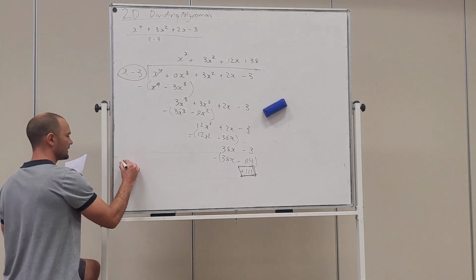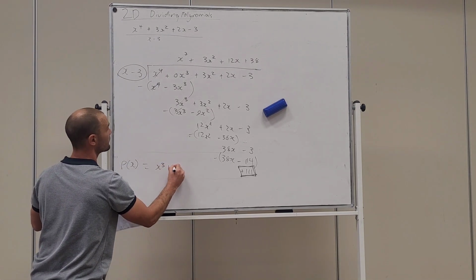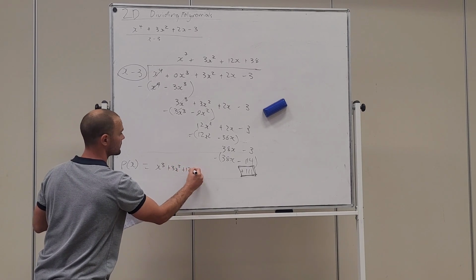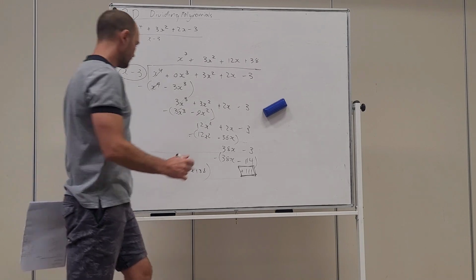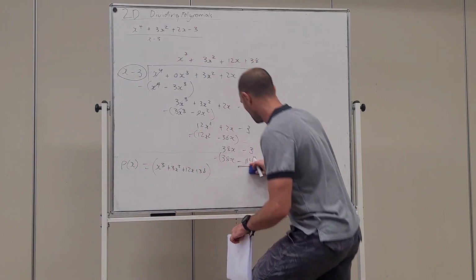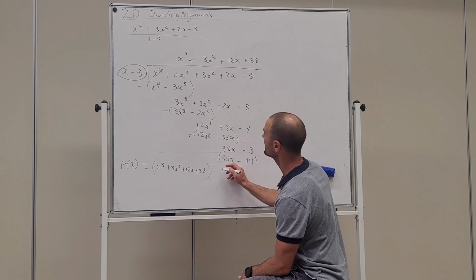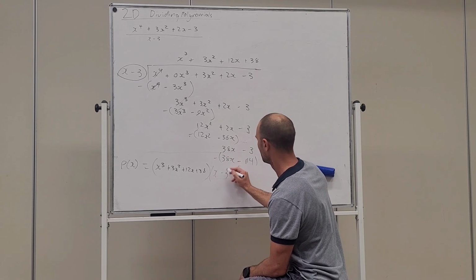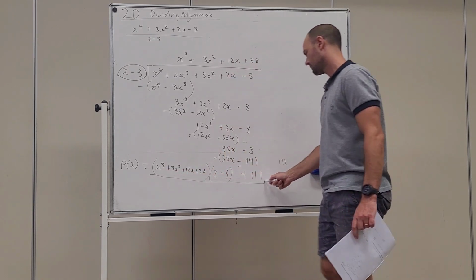We'll write P of x equals Q of x, which is what we have at the top, x to the 3 plus 3x squared plus 12x plus 38, multiplied by our divisor, x take 3, and then plus 111. That's it.